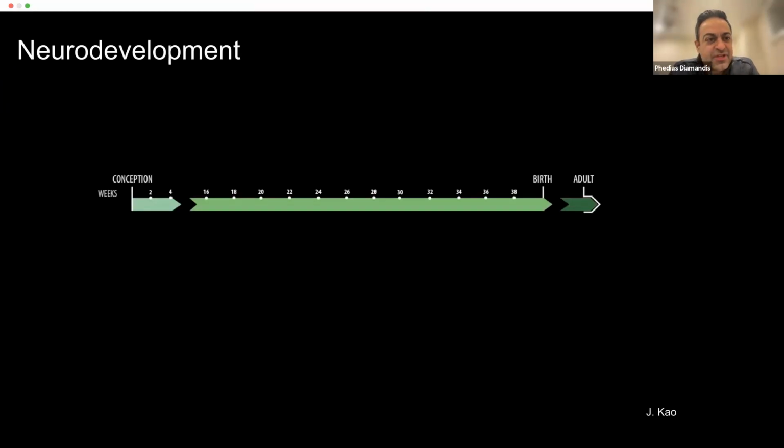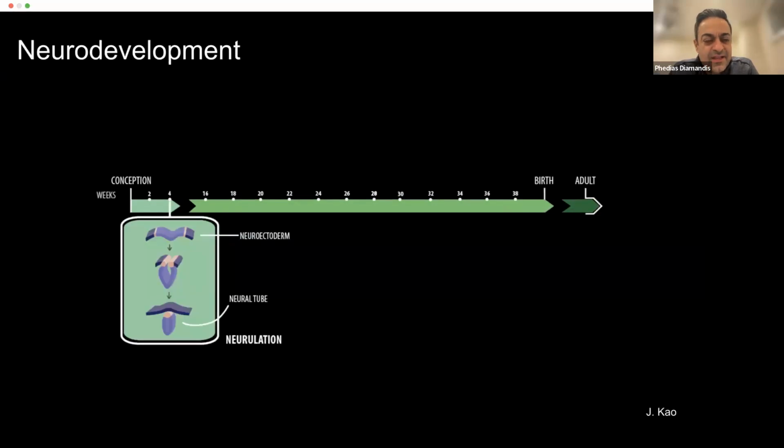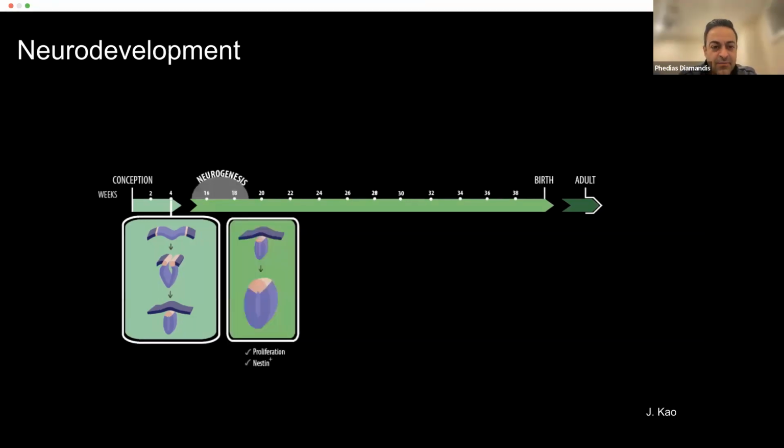So for the sake of repetition, this is a nice diagram that one of my former students made highlighting this process. So again, you have neurulation in the first few weeks of neurodevelopment. In the first, let's say, 4 weeks, the neuroectoderm is stimulated by the notochord to fold upon itself in the midline and form this neural tube. And then this is the structure that's going to lead to the central nervous system.